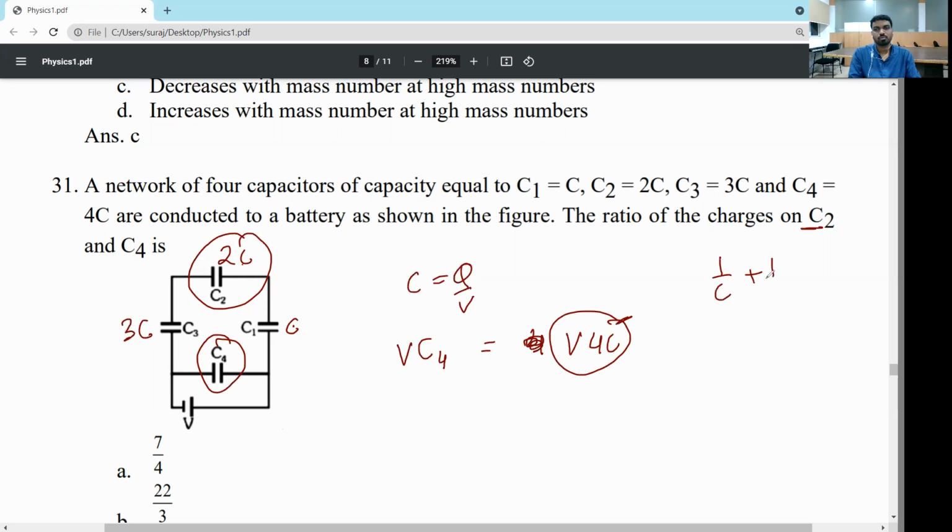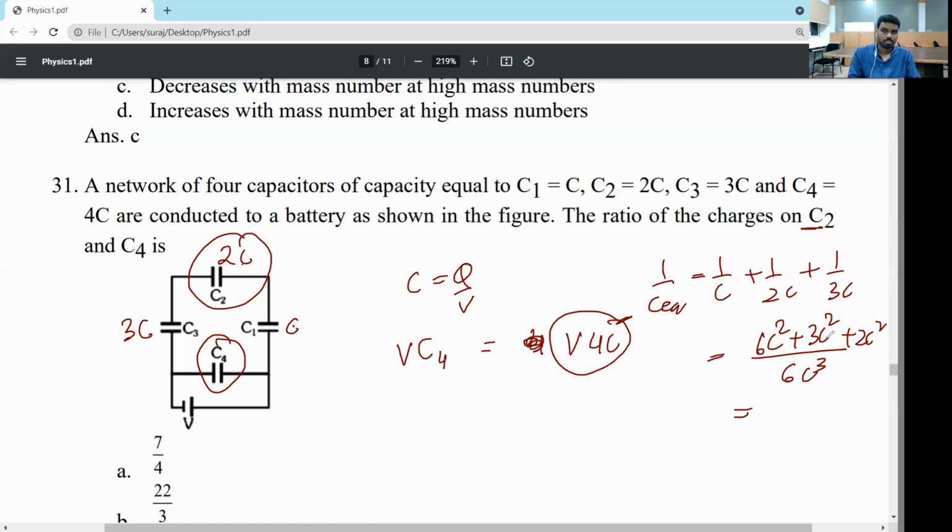1 by C plus 1 by 2C plus 1 by 3C equal to 1 by C equivalent. So 6C cube. This becomes 6C square plus 3C square plus 2C square. C square common.